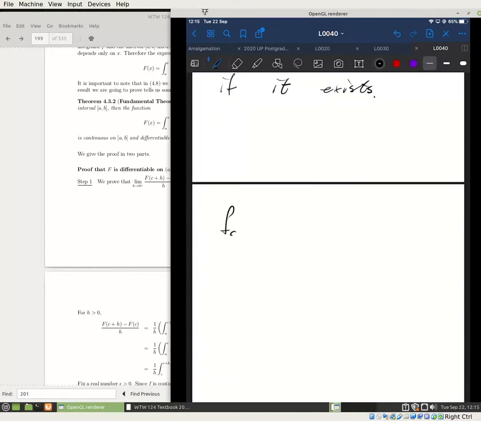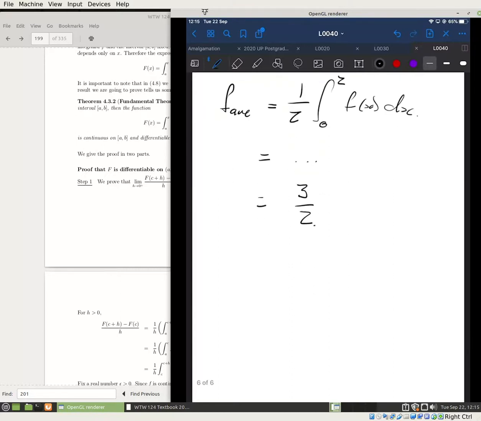So f average, that is 1 over 2 integral from 0 to 2 of f of x dx, but that is the same as, or shall I leave that as an exercise? This is equal to 3 over 2.